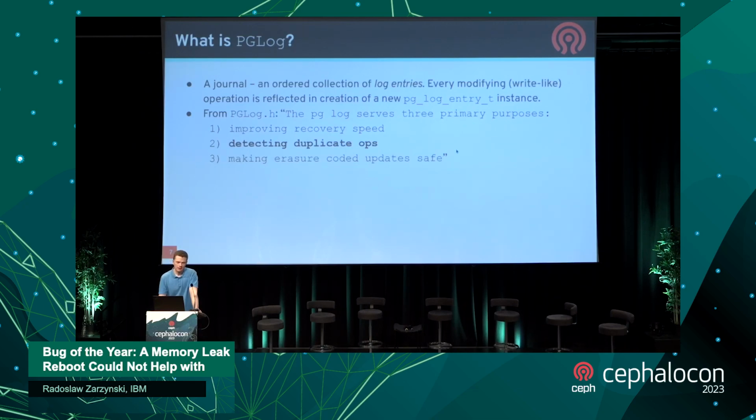The PG log also facilitates support for erasure coded pools. Actually, it's essential to handle rollbacks, but that's not the interesting case for today. For today, we have point number 2, detecting duplicate ops. What is that?